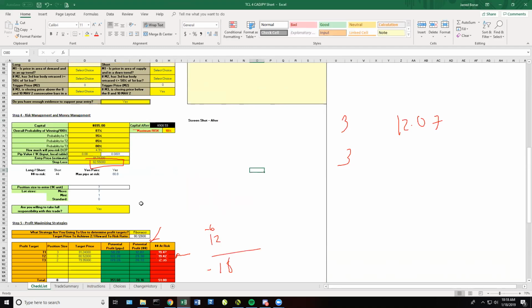Now, if you change the numbers, say for argument's sake, you put 4 or even 5 and 1. Say 5, 2, and 1. I don't think you'd be able to buy in 500 units. Does Oanda let you buy in 500 units?